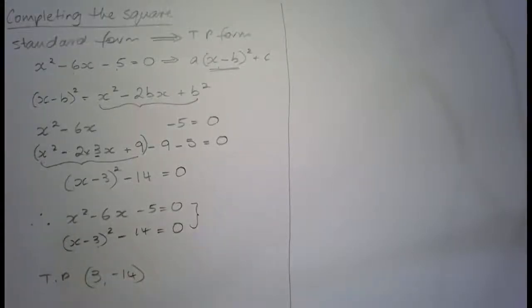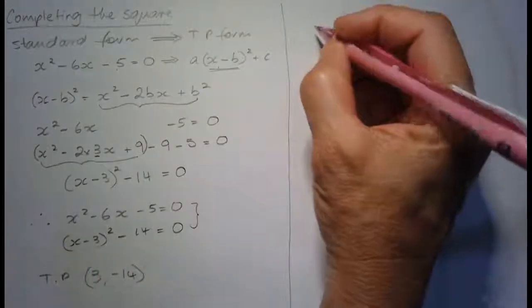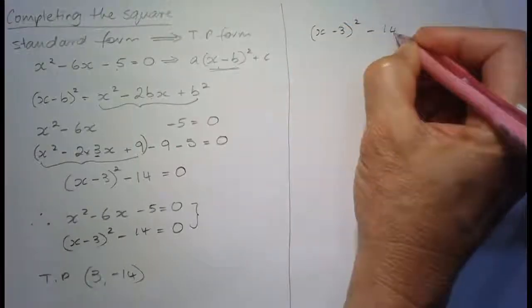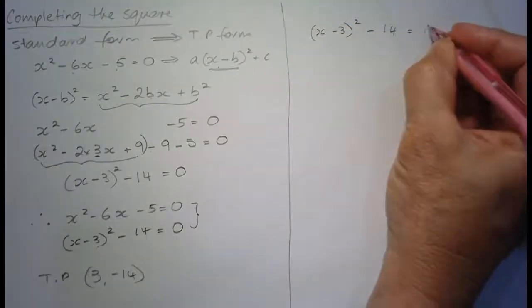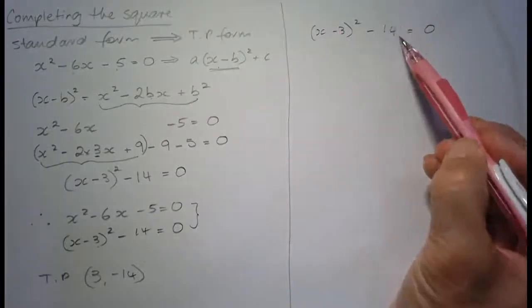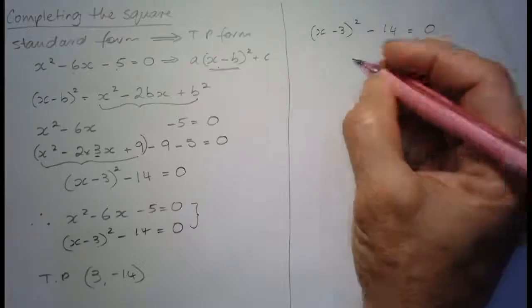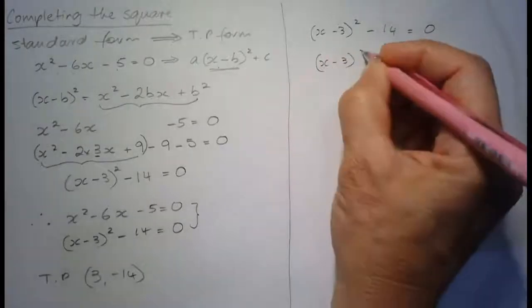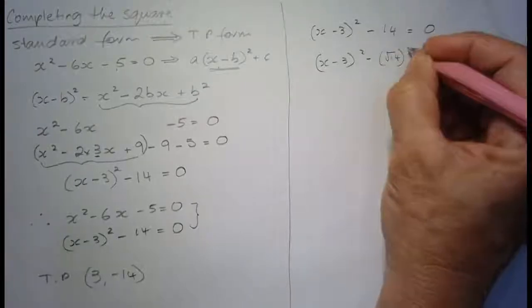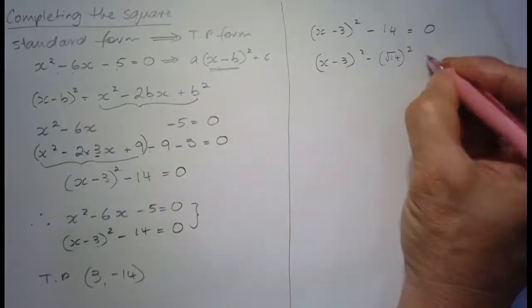I can take this one step further and use this to factorise. So now I've got (x - 3) squared minus 14 equals 0. There's a square, which I can think of as (x - 3) squared, and my minus 14 I can think of as the square root of 14, squared, equals 0.